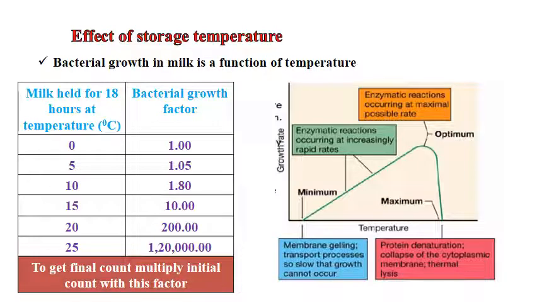At 10 degrees it is multiplied by 1.8. At 15 degrees it is 10 times higher. At 20 degrees it is 200 times, and at 25 degrees it is 1,20,000 times multiplication. So this is the factor by which the number of organisms multiplies at different temperatures over 18 hours.